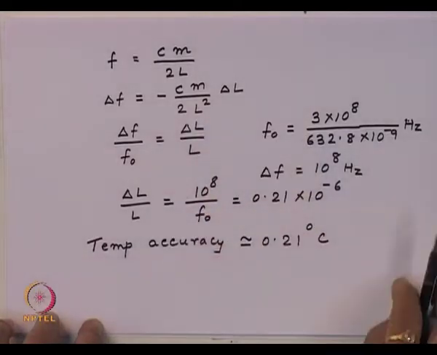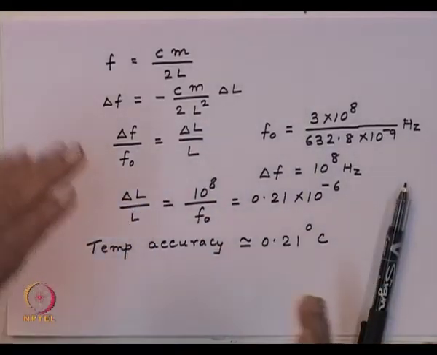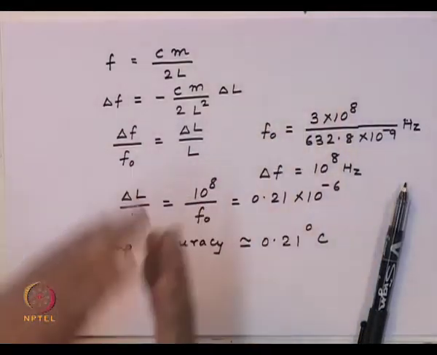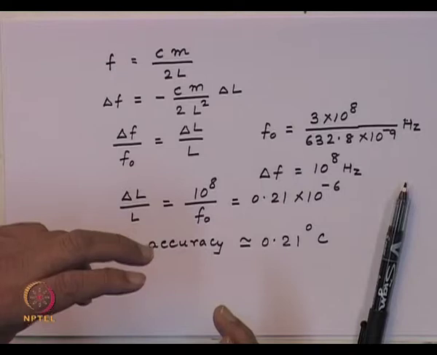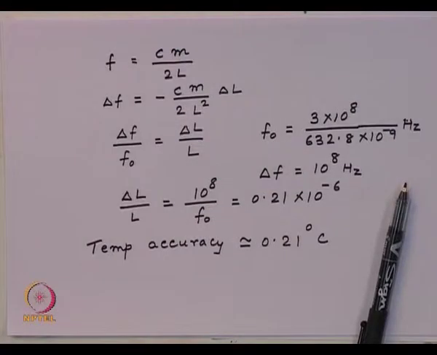So, this calculation shows that if you make a helium neon laser and if you wanted to have a single mode operation for the kind of parameters which are given, then the tube length has to be 100 millimeters, which is about 10 centimeters, and then this length has to be maintained for this accuracy of 10 to the power 8 hertz. So, the temperature of this laser has to be maintained with an accuracy better than about 0.2 degrees centigrade, then the frequency stability of 10 to the power 8 can be achieved.